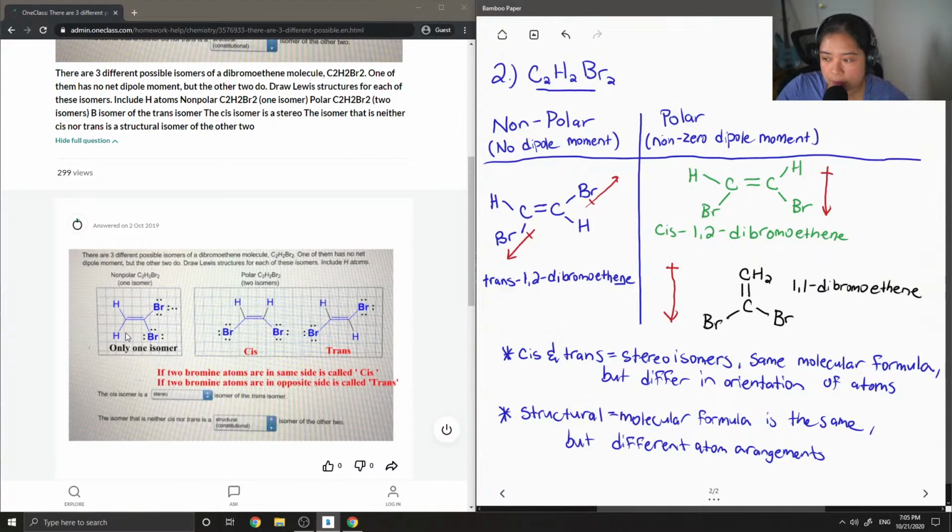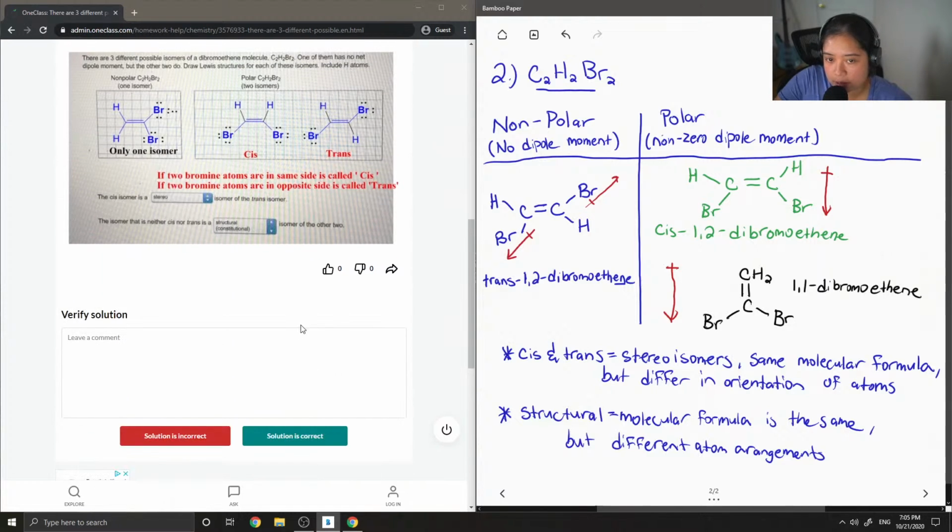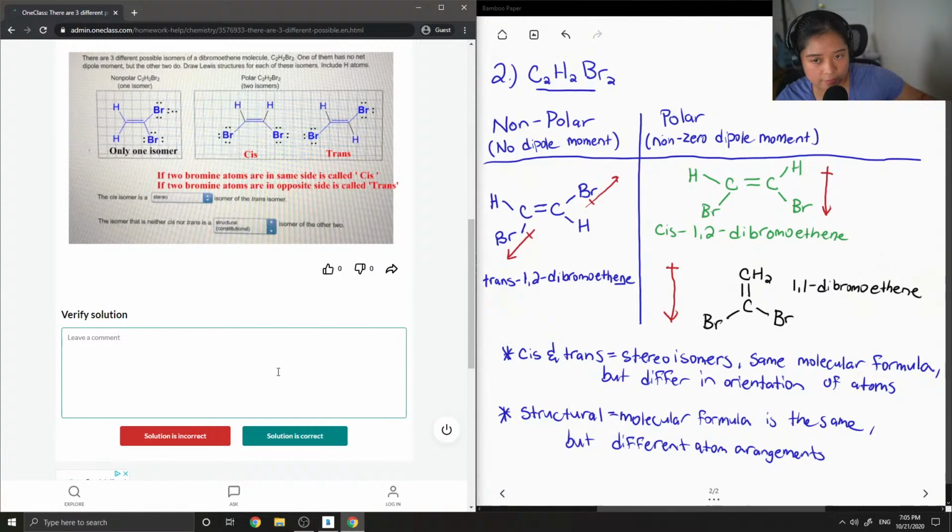So they just put their 1,1-dibromoethene on the nonpolar side, but it should be switched with the trans. So I'm just going to correct that. But all of the structures are correct. Okay, so let me write this down.